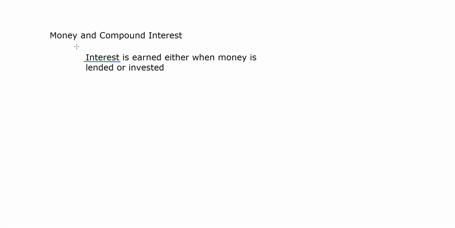So all of this is governed by mathematics. All of the way that money works is completely governed by mathematics. So let's look at something called the compound interest formula.